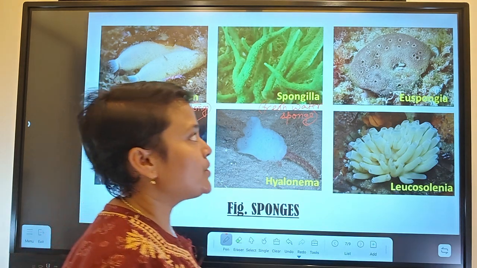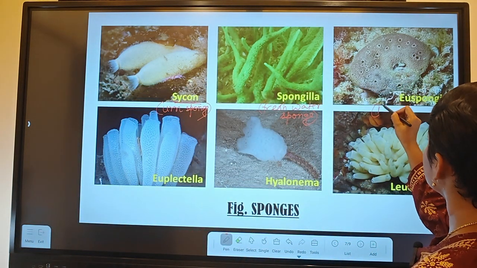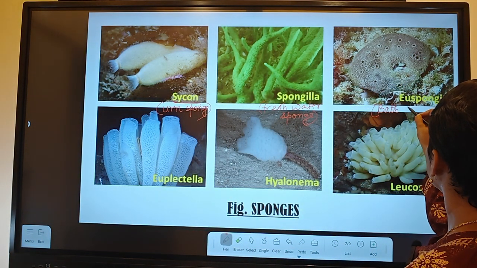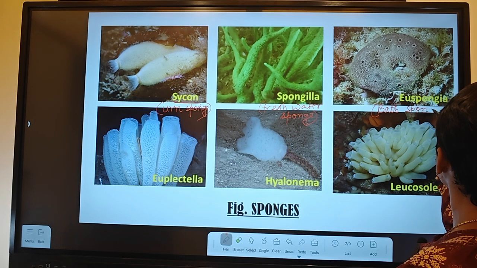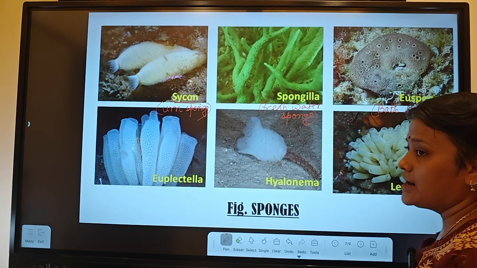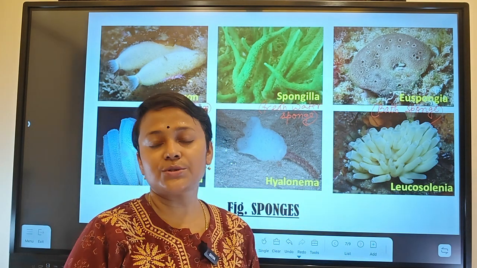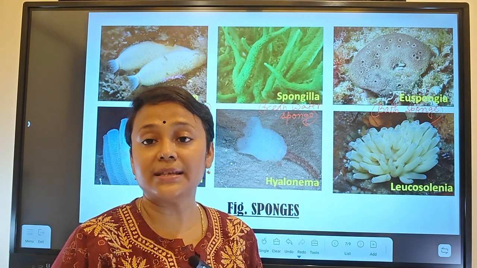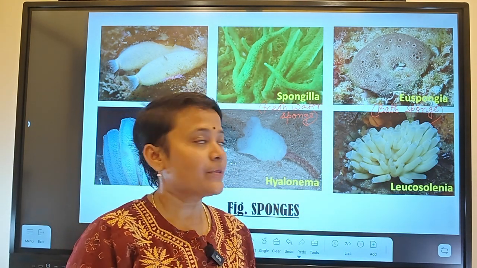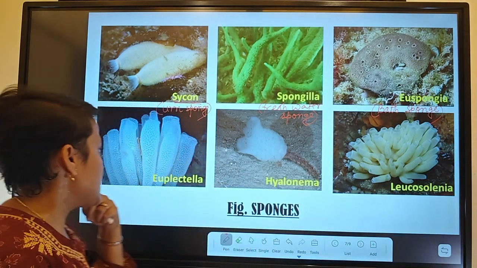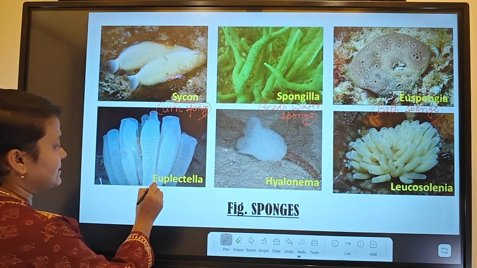Coming to Euspongia, bath sponge. Why is it called bath sponge? In the earlier days, this sponge was used for bathing, to rub. So that's why it is called bath sponge. Coming to Euplectella.